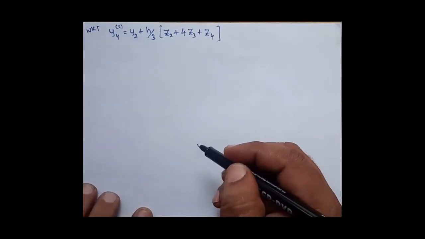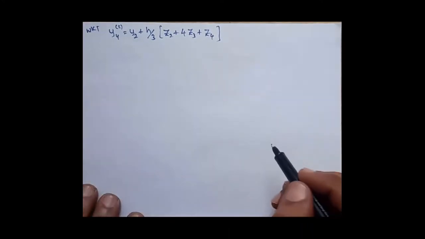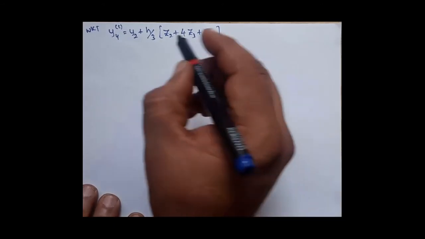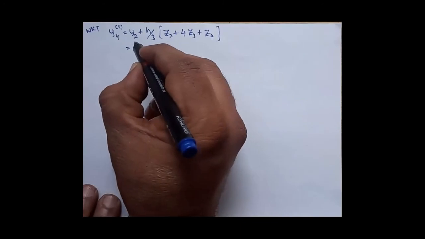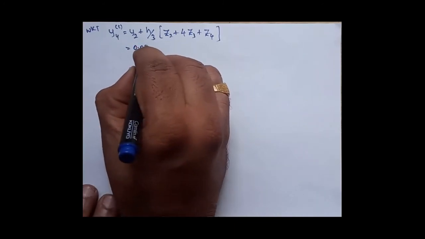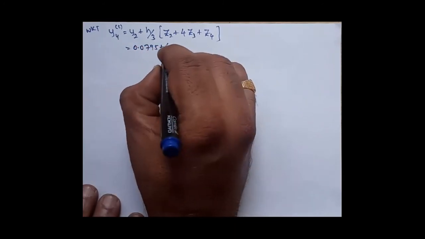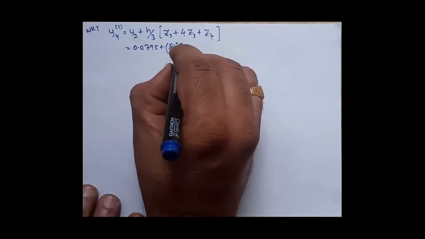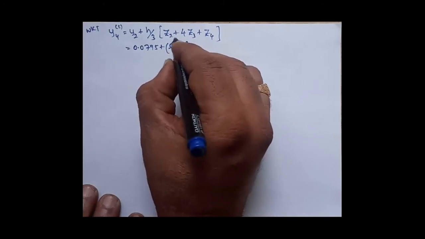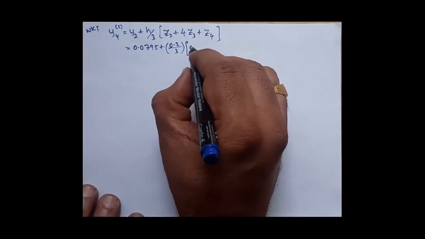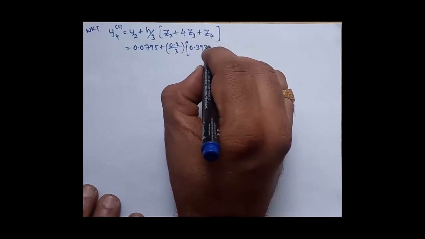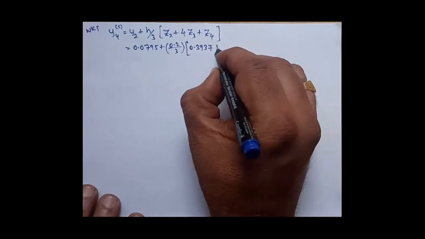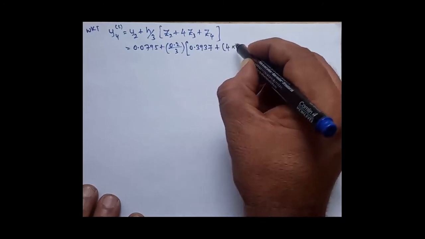So this is the corrector formula. We know the values, just substitute now. This is equal to y2. What is y2? 0.0795 plus h is 0.2 divided by 3 into z2. What is z2? 0.3937 plus 4 into z3. What is z3?